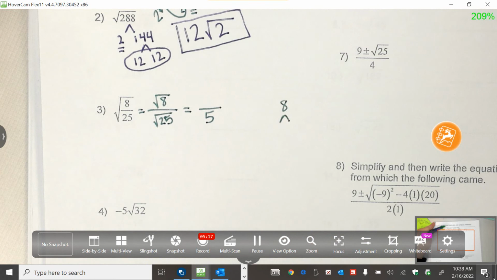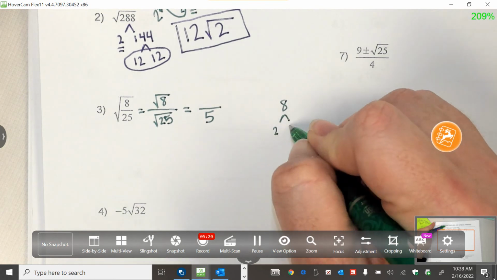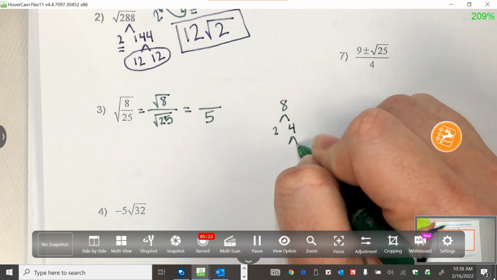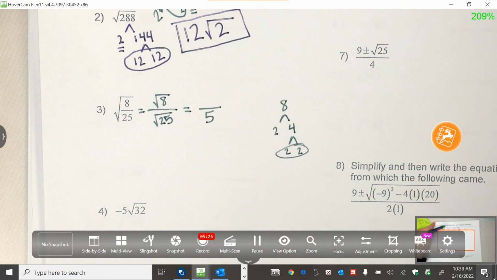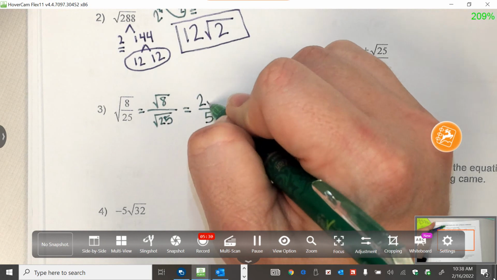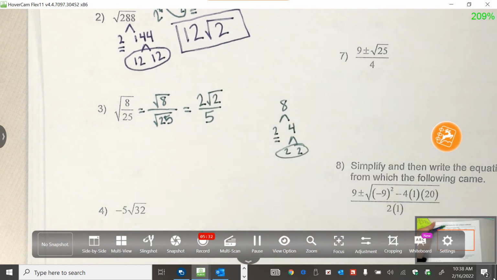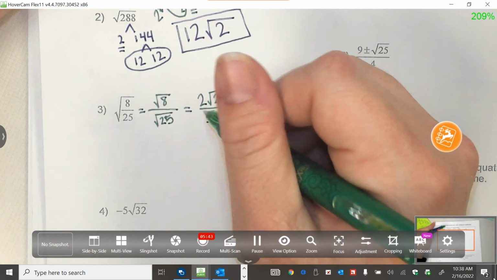Does 2 go into 8? How many times? And then 4 is a perfect square with 2 and 2. So I have a pair of 2's, and I have a 2 left over. So the pair comes out, and the leftover goes in. Now, does 2 over 5 simplify? No, so this is your answer.